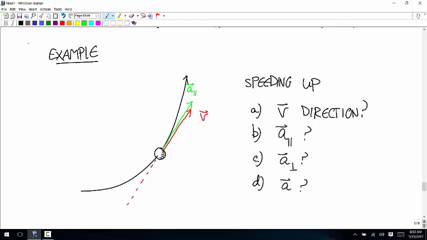Think about if it just continued straight, if it wasn't turning at all, it would follow these lines, right? So it's turning that way. You see that? And so the perpendicular part has to be in that direction. So there's a perpendicular.